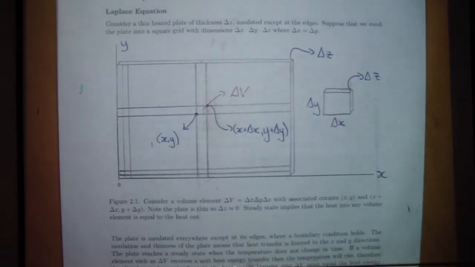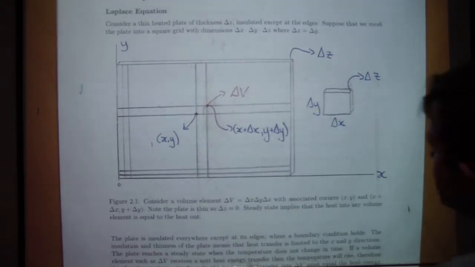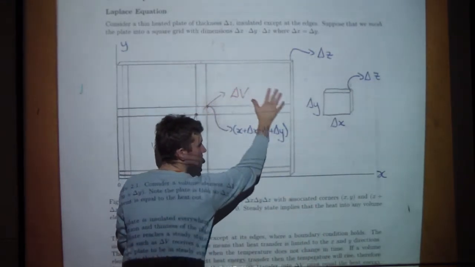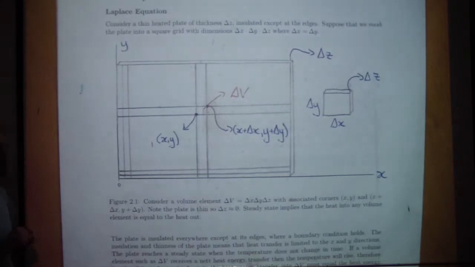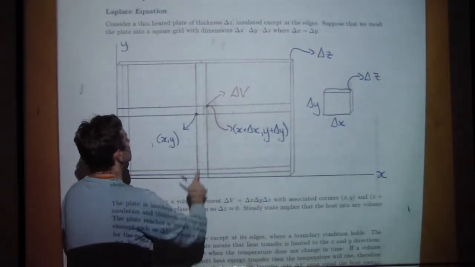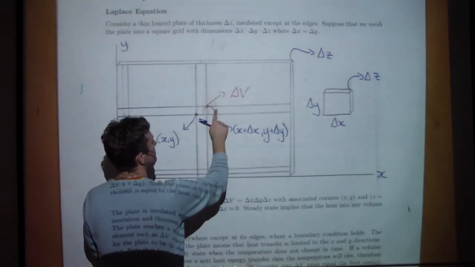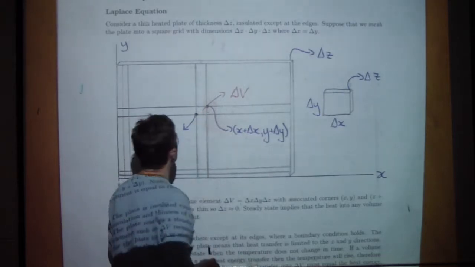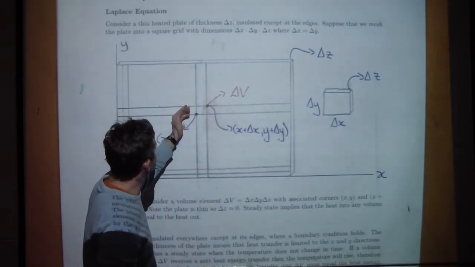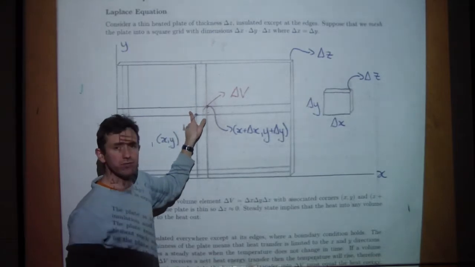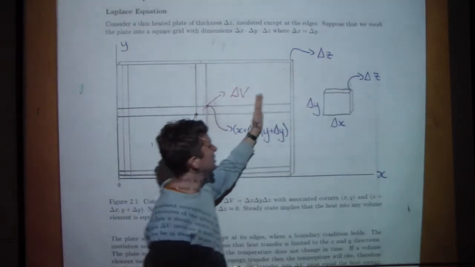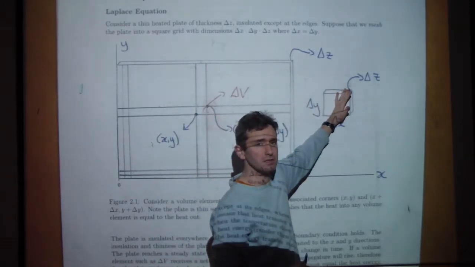Now, what's going to happen after a while is that the heat is going to be distributed around the plate, and the temperature is going to be distributed in such a way that this will still be cold, this will be hot, and this will be medium, say. You're going to get heat energy flowing from high temperature to medium temperature, so heat flows into this volume element.